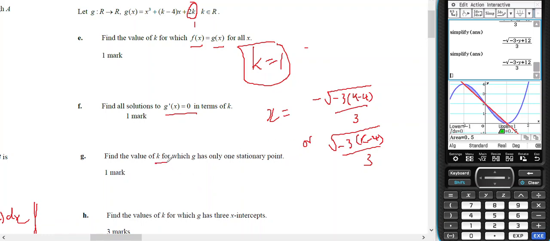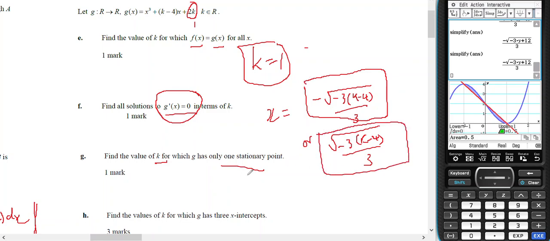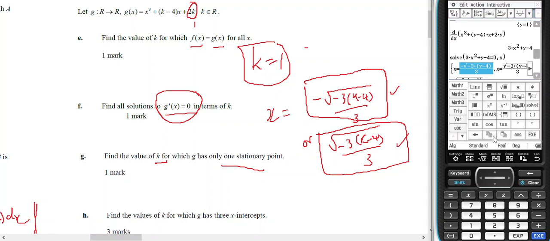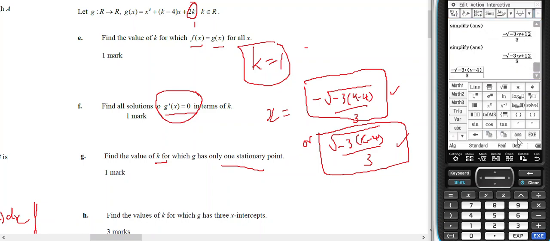Find the value of k for which g has only one stationary point. Well, this is about stationary points. So it's telling me there are two stationary points. Now, the value of k where this is equal to this means I'll have one stationary point. So if I make my two answers down here equal, I copy into a new line, paste, equals the same thing but with the negative.